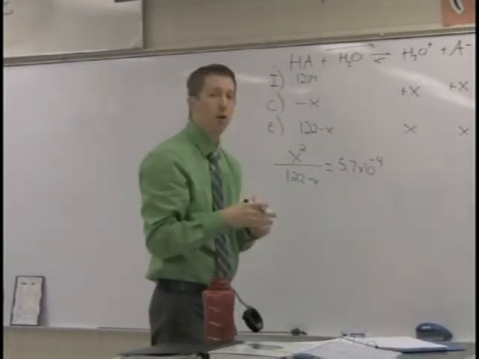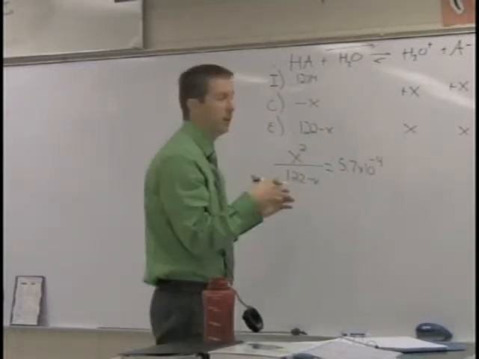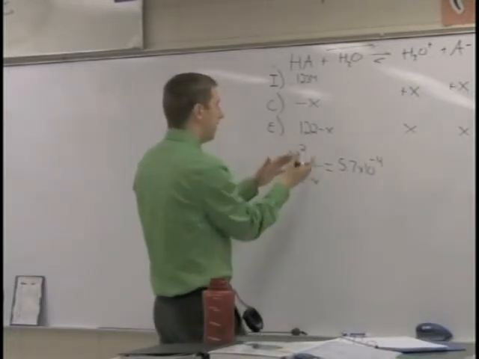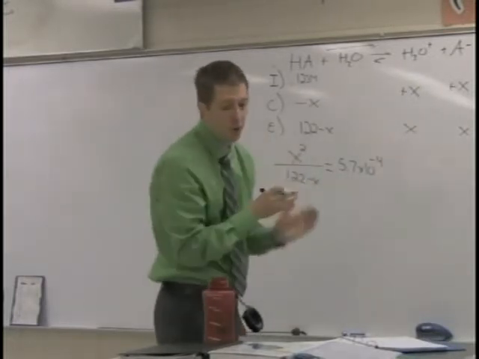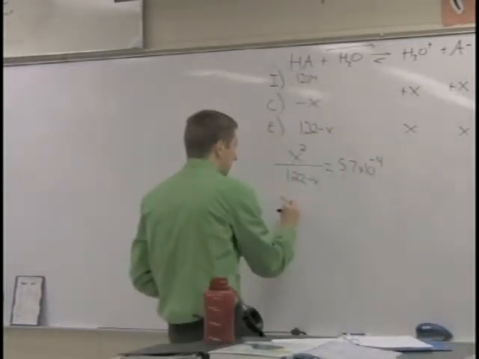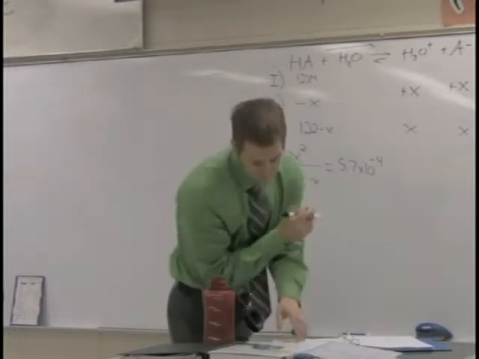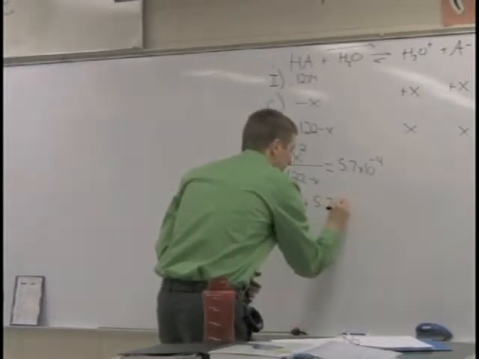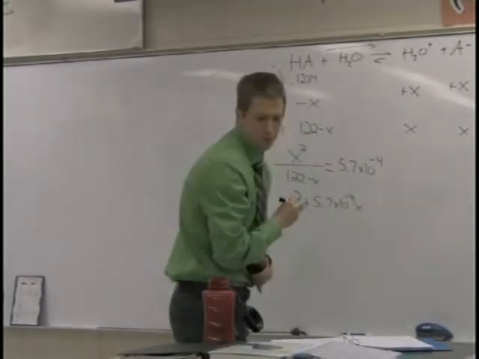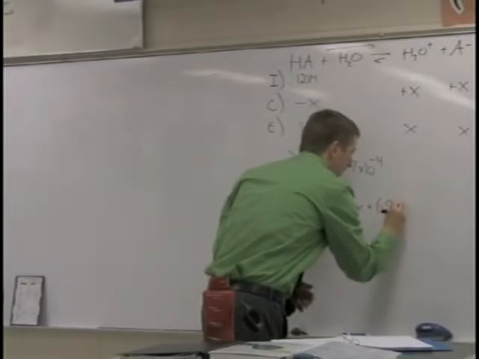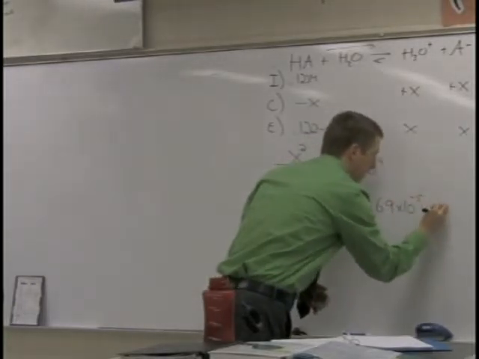If you recall from what we did earlier in the last unit, we then have to multiply both sides by this to get everything on one side set equal to 0. So I'll do all that math for you right now. This would be the same as X squared plus 5.7 times 10 to the negative fourth X minus 6.95 times 10 to the negative fifth equals 0.